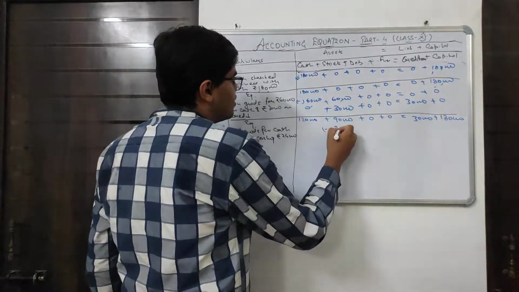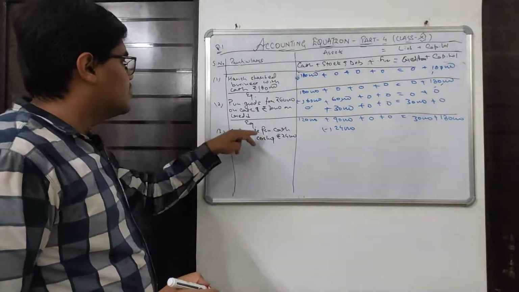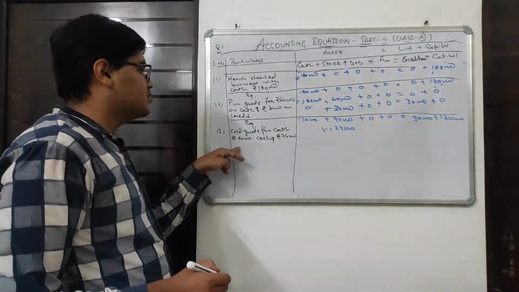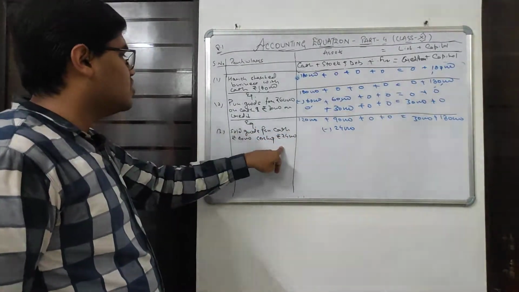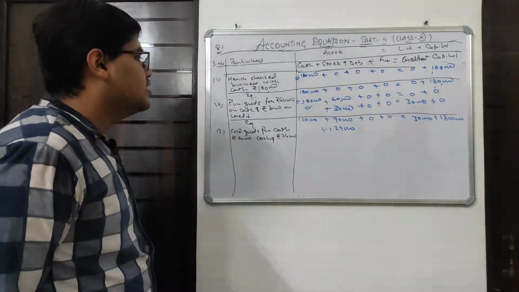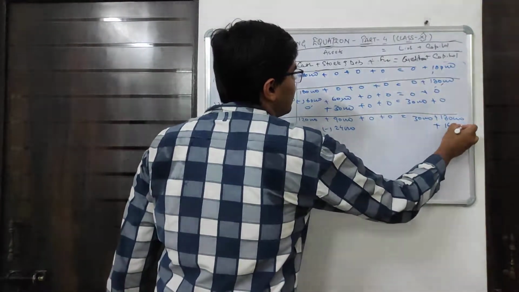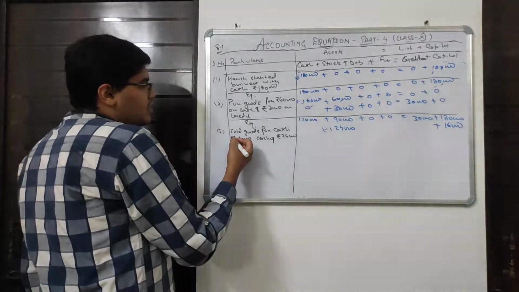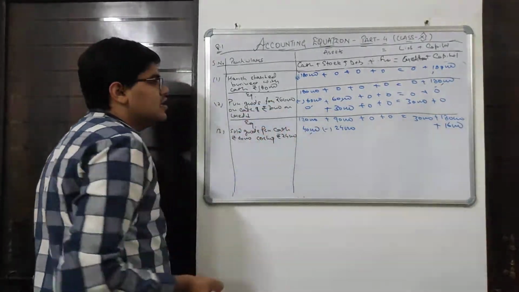We are selling the goods for cash 40,000. The cost price of the stock is 24,000 and we are selling it at 40,000, so the profit is 16,000. So 16,000 profit will be added in the capital. And now 40,000 is coming into the business, so 40,000 will be added.